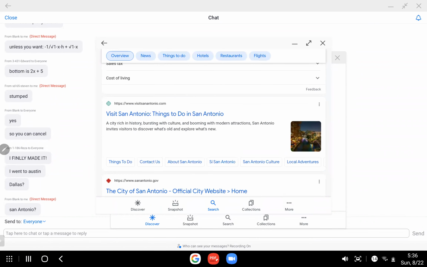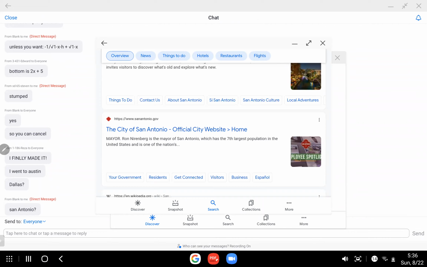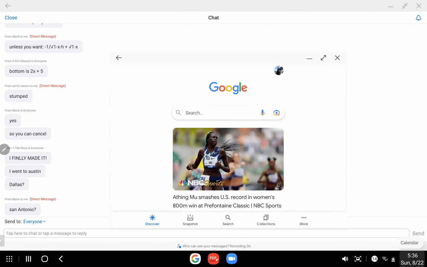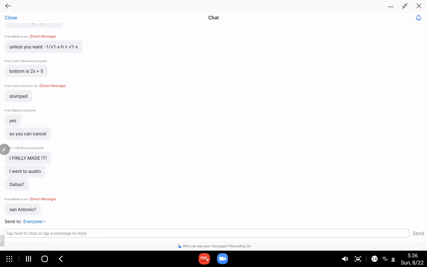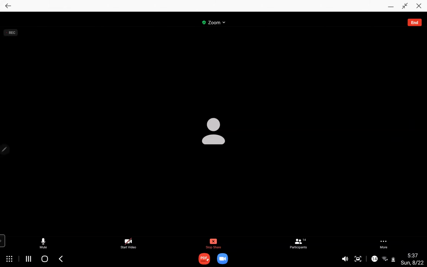Things to do in San Antonio. All right. Great. So in addition to Austin, Dallas, and Houston, there's also another one. Texas has a lot of big cities, apparently. Great. I suck at geography, so bear with me.